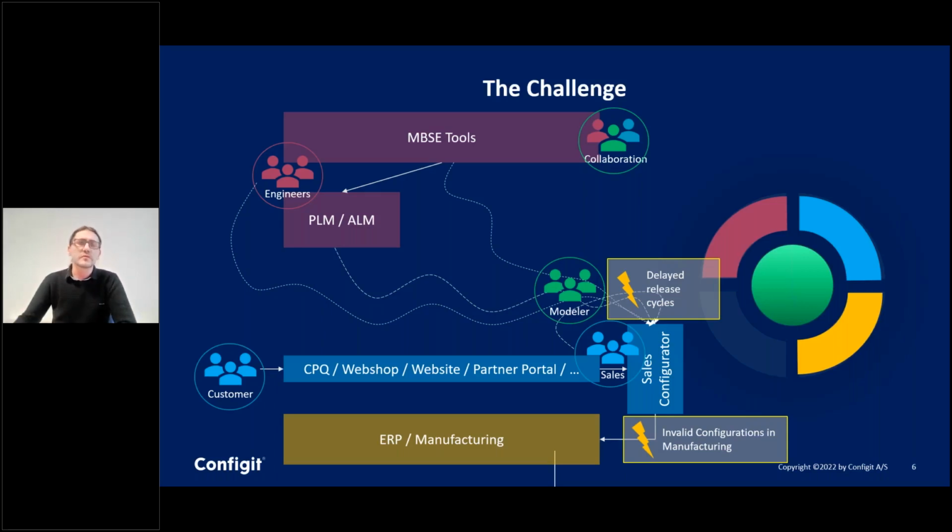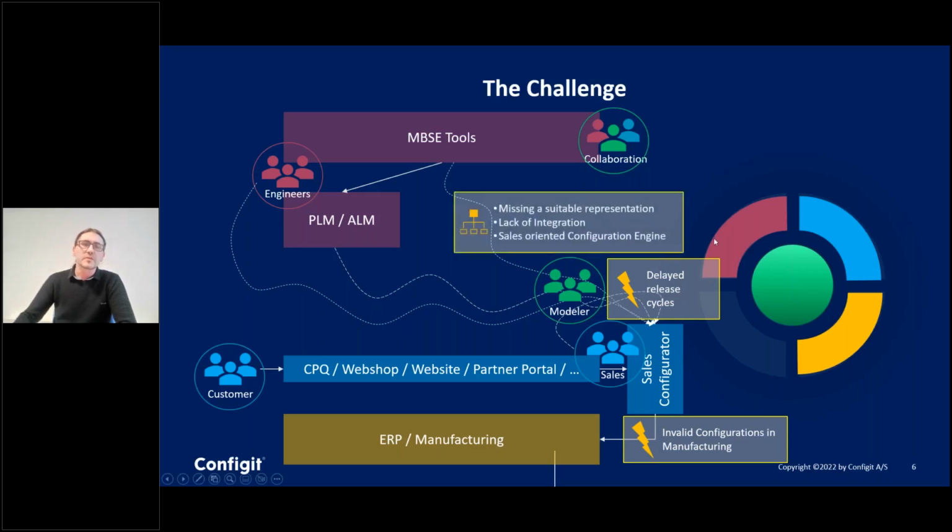Some root causes of that could be, for example, a missing suitable representation of the variability of your product model. Whatever model-based system engineering tool you use above here, it might lack information about the variability of your product.